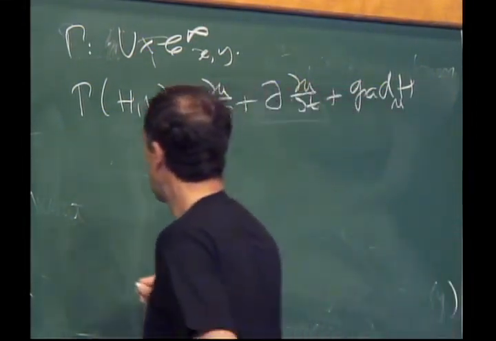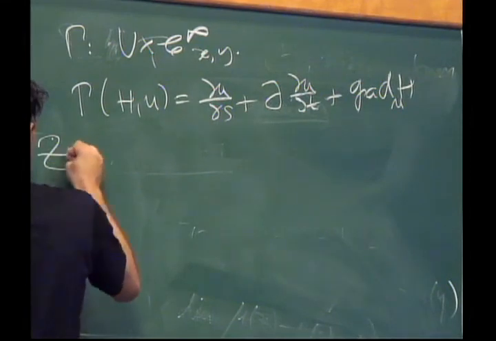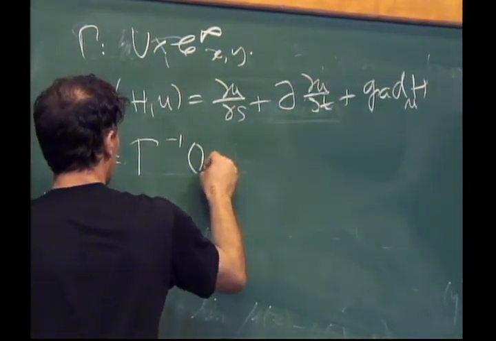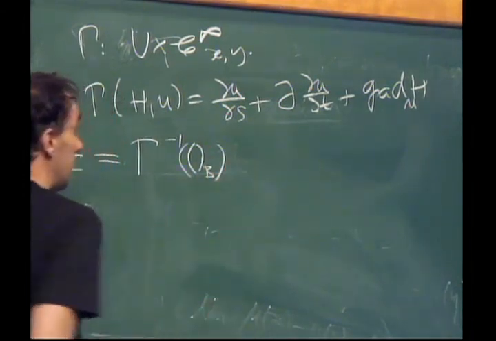And this Z is gamma to the minus 1 of this zero section, right?